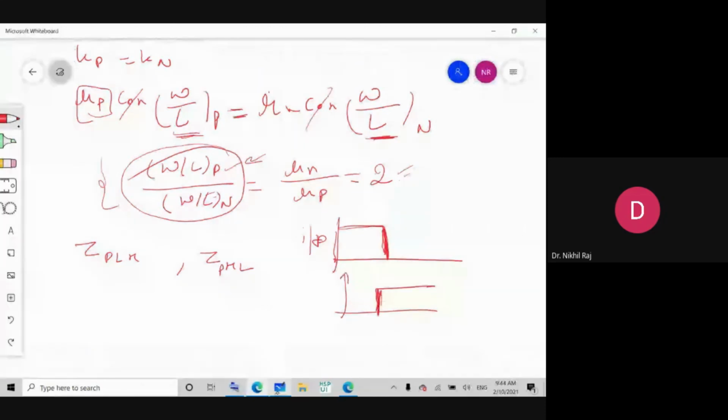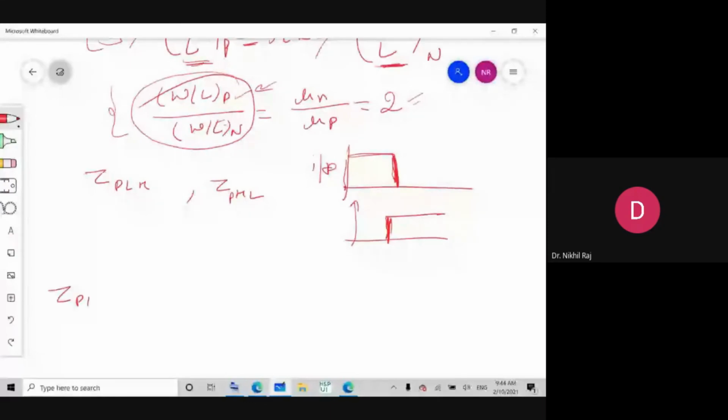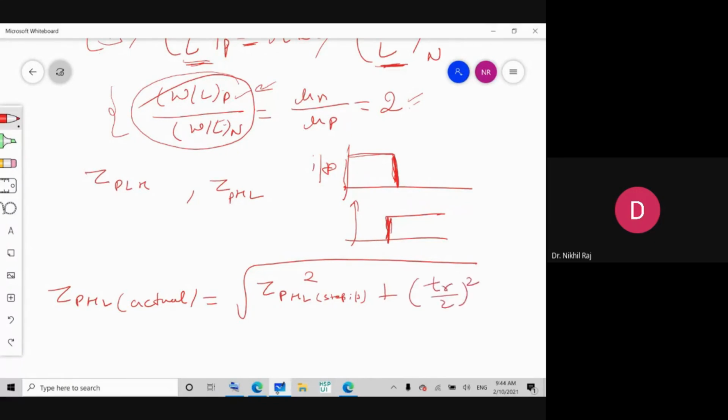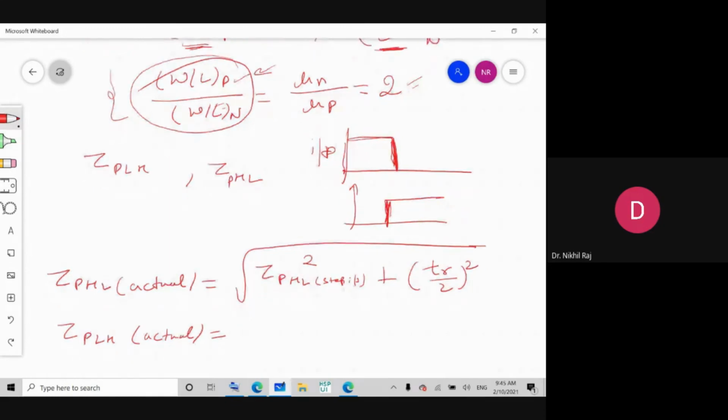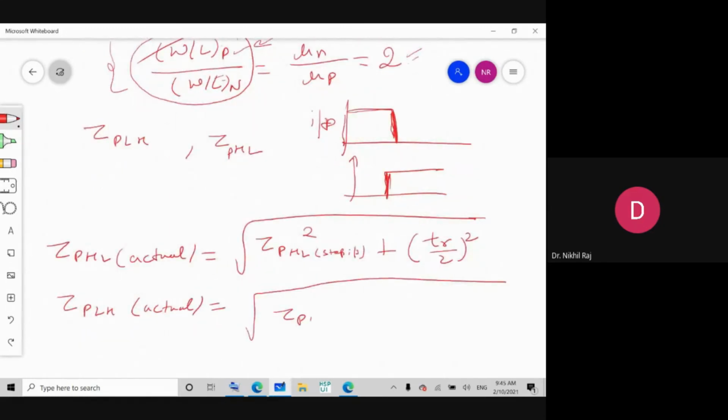So the actual TPHL will be the square root of TPHL that we have calculated for step input, squared, plus TR by 2 whole squared, and the actual TPLH will be given by the square root of TPLH we have calculated for step input, squared, plus TF by 2 whole squared.